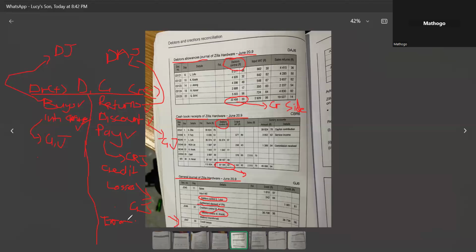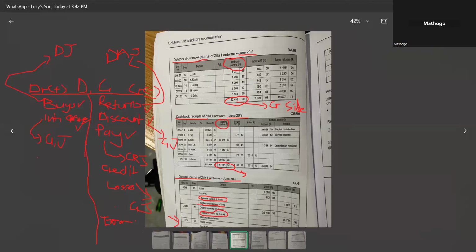It's credited. So that interest overdue, you're going to record it here. But what the other journal is telling you is that you're reversing it. So you have to record it again here. The main reason for recording it is that on the other side you're taking it out. It's like you're reversing what you had done. You debited, so to reverse, you do the opposite of debiting, which is to credit.